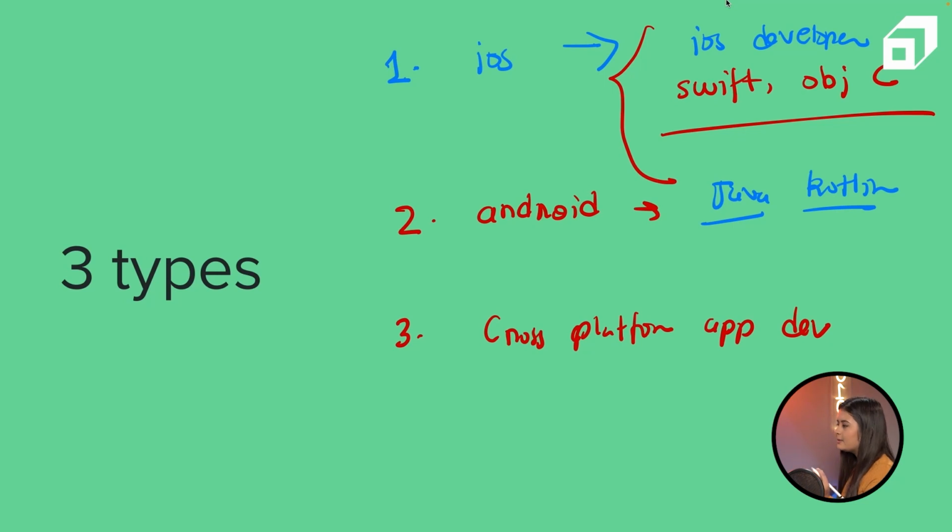Moving ahead, if it's about mobile application development, let me tell you 97% of the app developers are into Android development only. And then about cross-platform application development, if you want to write code once and have it work on all the operating systems, cross-platform application development is the way to go.